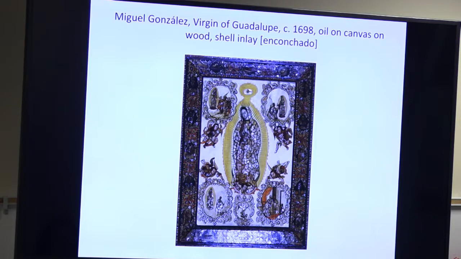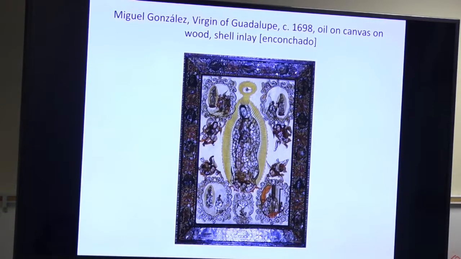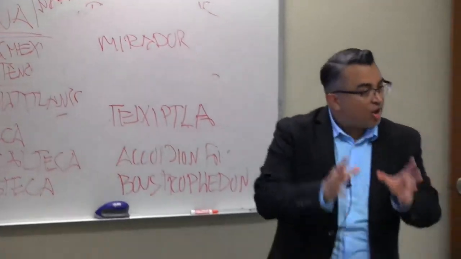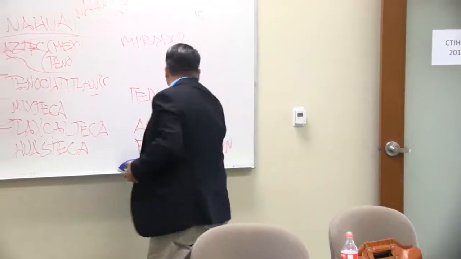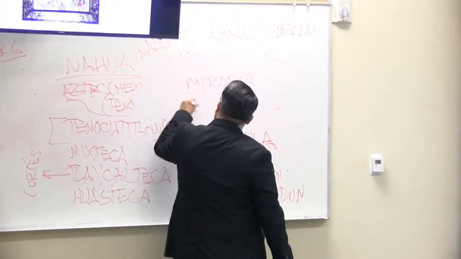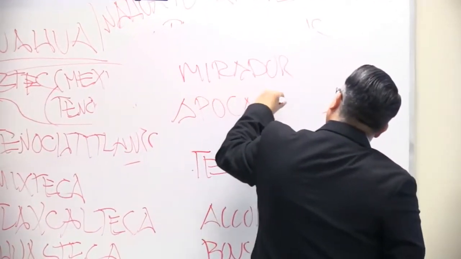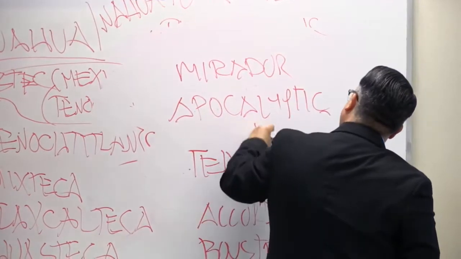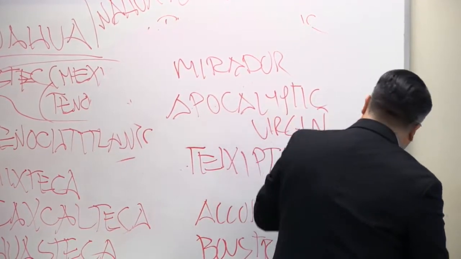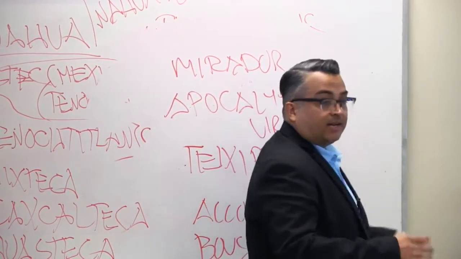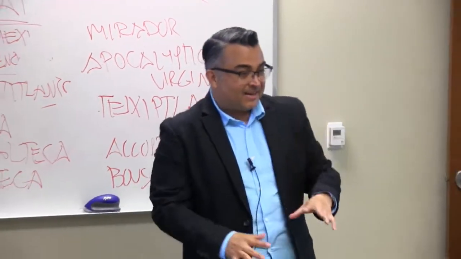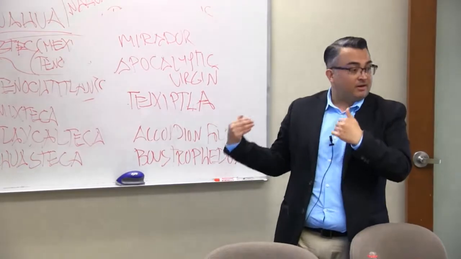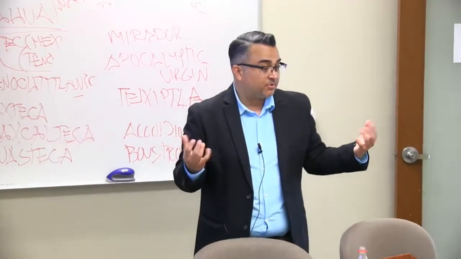There are different versions of the Apocalyptic Virgin, and the Virgen de Guadalupe belongs to that genre of Marian iconography. If you ever see an image of the Virgin taking central space, floating up in the heavens, it belongs to this Marian iconographical language of the Apocalyptic Virgin.